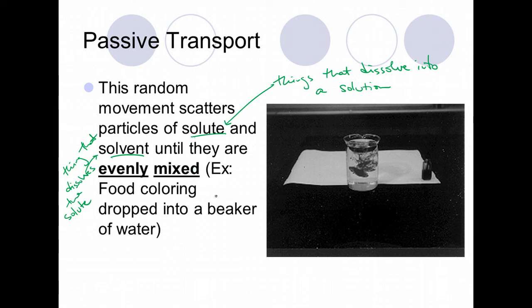Another example is food coloring into a beaker of water. So this is kind of hard to see, but here's the food coloring right here. We put a drop in, and it starts to spread out. And if we waited and waited, we would see that these molecules would have bumped into each other and spread out.